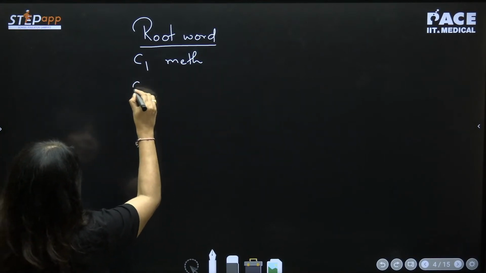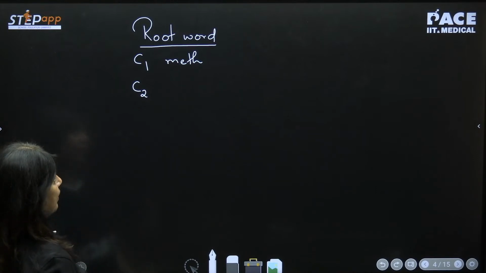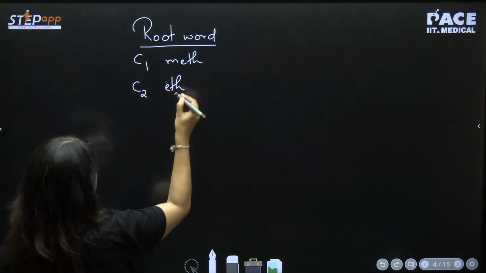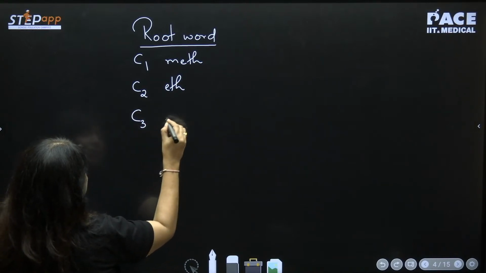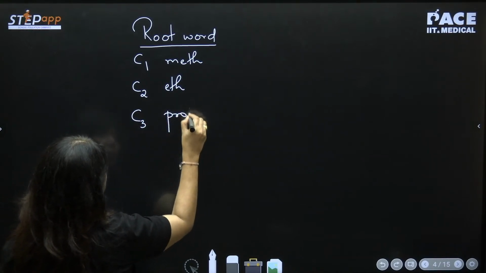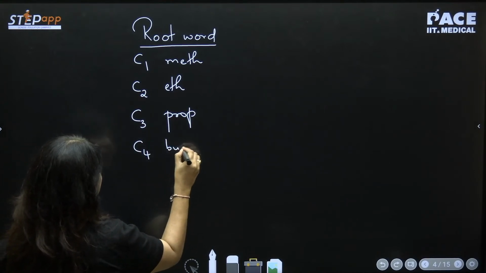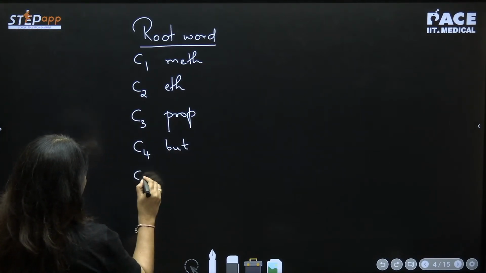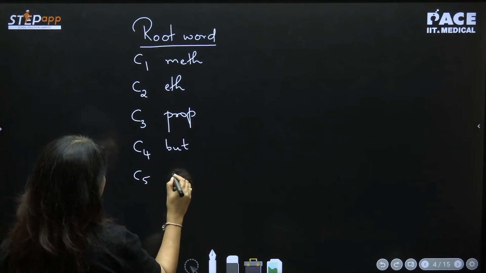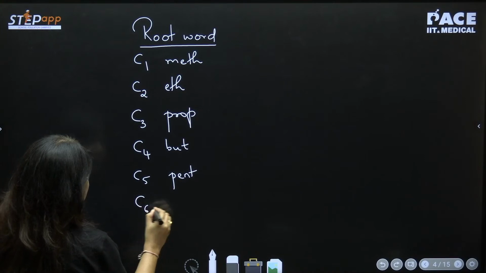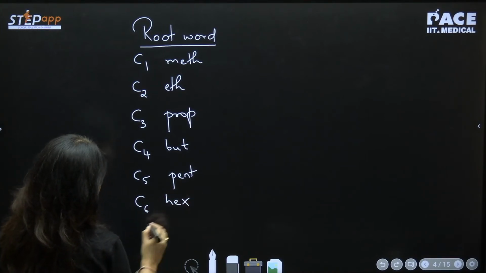If it has 2 carbon atoms, the root word is eth. For 3 carbons, it is prop. For 4 carbons, we use but. For 5 carbons, pent. 6 carbons, it is hex.